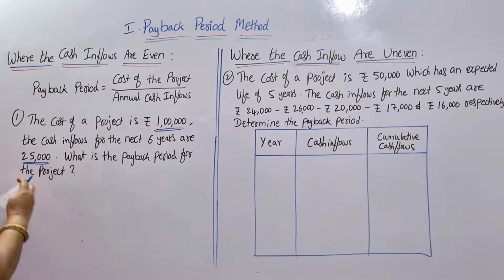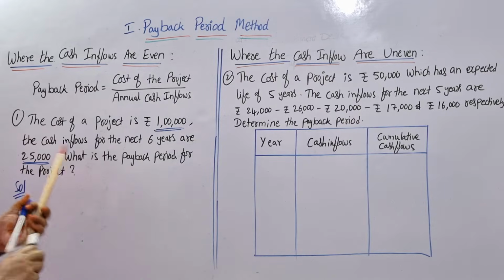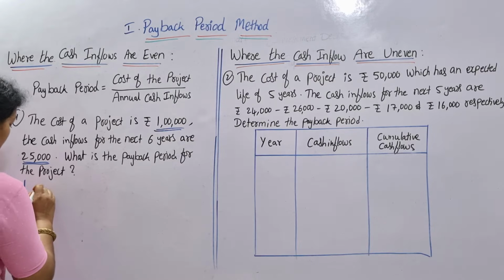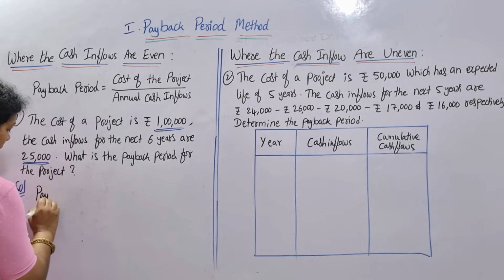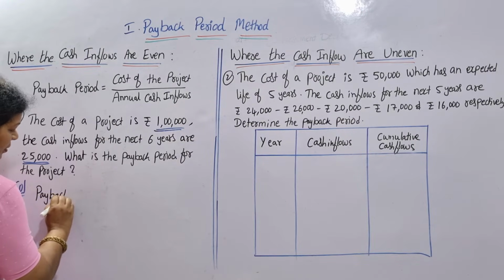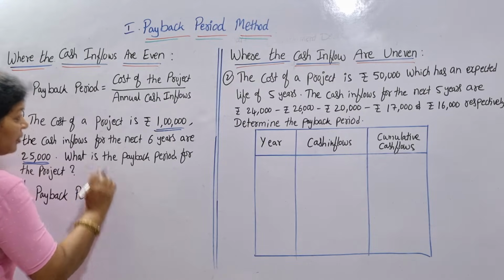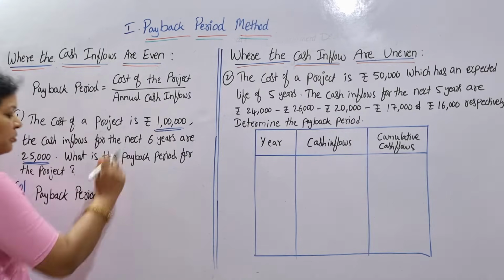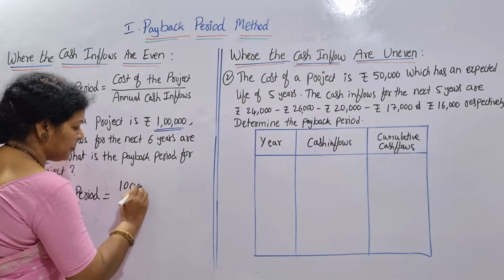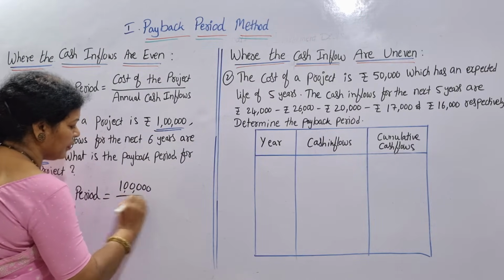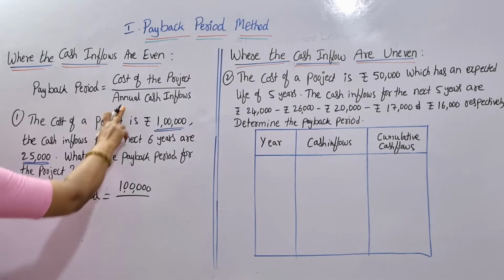Coming to the solution. Directly I will work out. Payback period is equal to cost of the project. Cost of the project is 1 lakh divided by annual cash inflow.